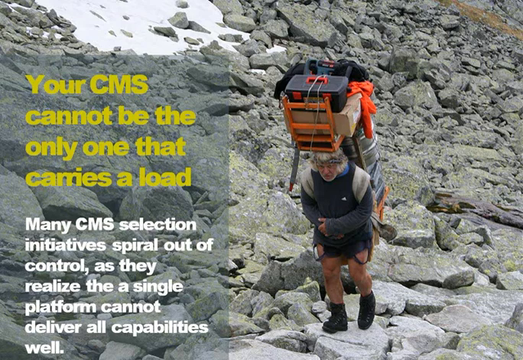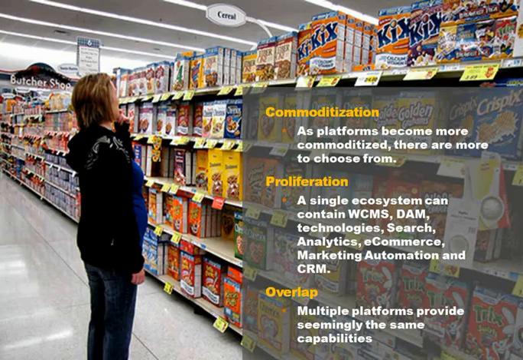In addition, as we mentioned before, a lot of commoditization. There's a lot to choose from, and there's a lot of overlap. All of this contributes to the complexity involved in making a digital platform decision.